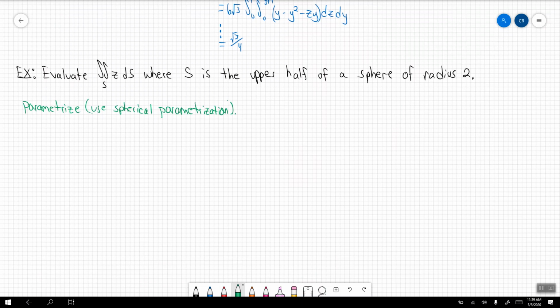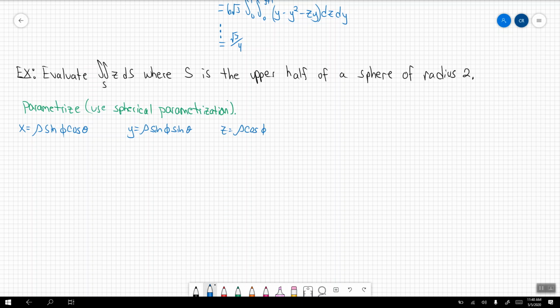Alright, so we know that we have a sphere of radius 2. So I'm going to really quickly write my spherical parametrization. I'm going to have x is rho sine phi cosine theta. Y is going to be rho sine phi sine theta, and z is going to be rho times cosine of phi.